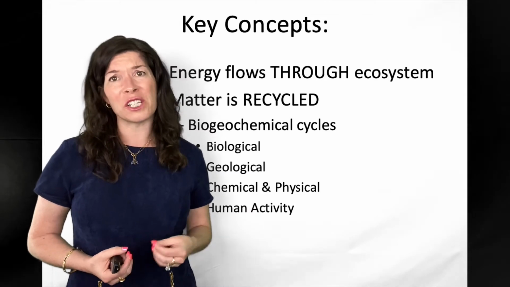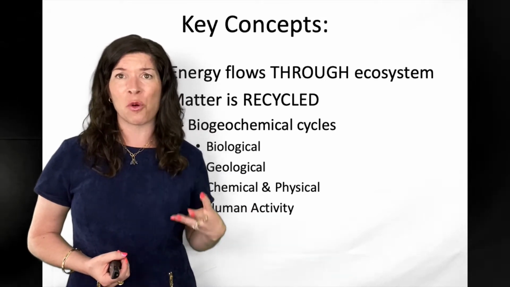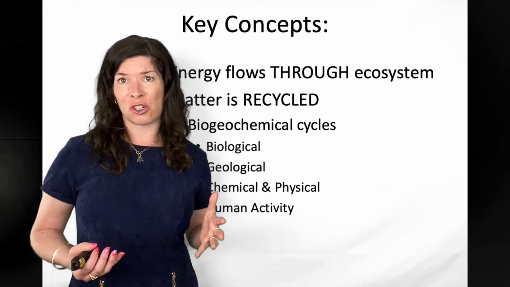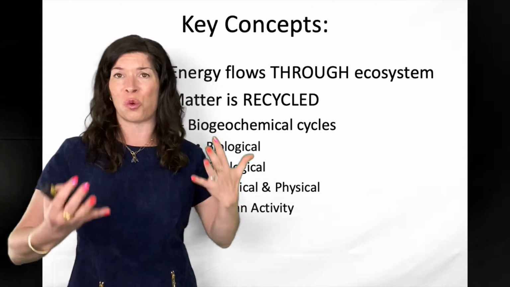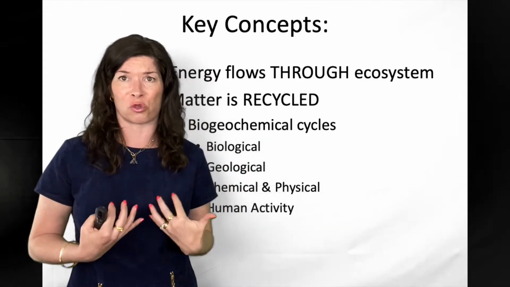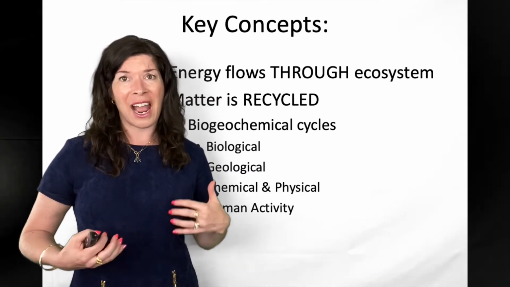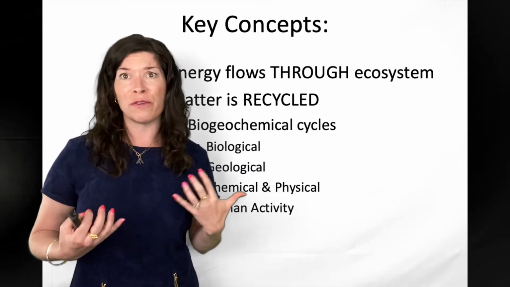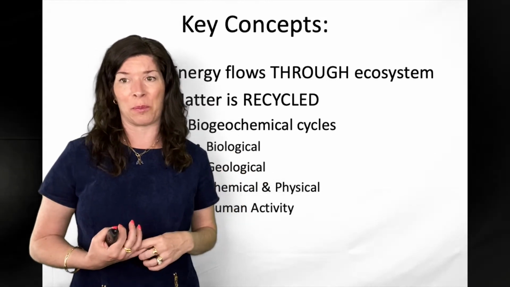So for each of these biogeochemical cycles, we're going to be interested in understanding four parts about the cycle. Those parts are the biological processes, so think about cellular respiration or ingestion and digestion and excretion of food. We're going to be interested in the geologic processes. How do some of these matter elements move through ecosystems? Things like volcanic eruptions, for example, can play an important role.